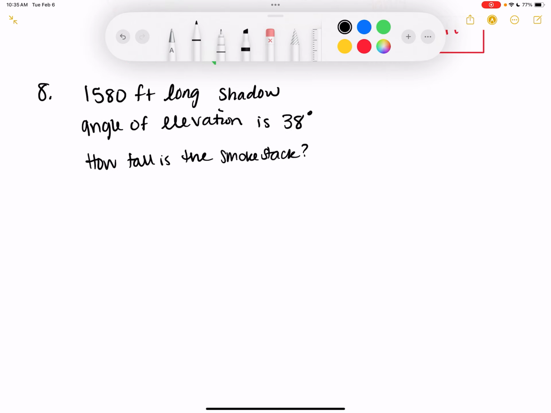All right, so they give us a picture of the smokestack. I'm just basically copying it. This is my shadow.